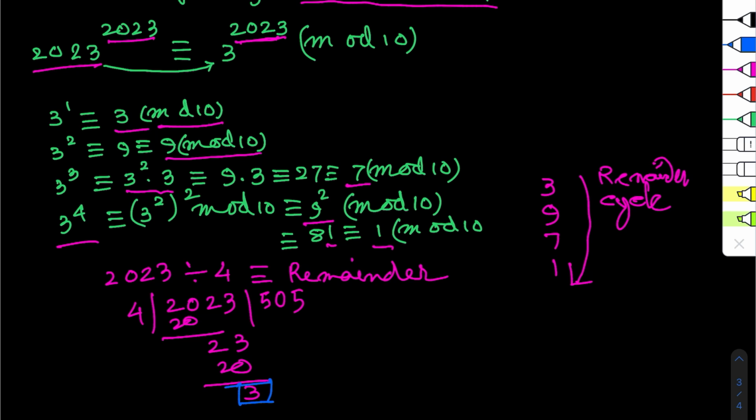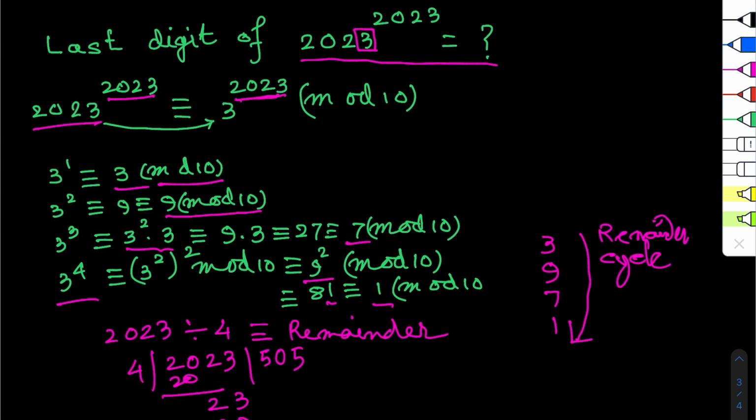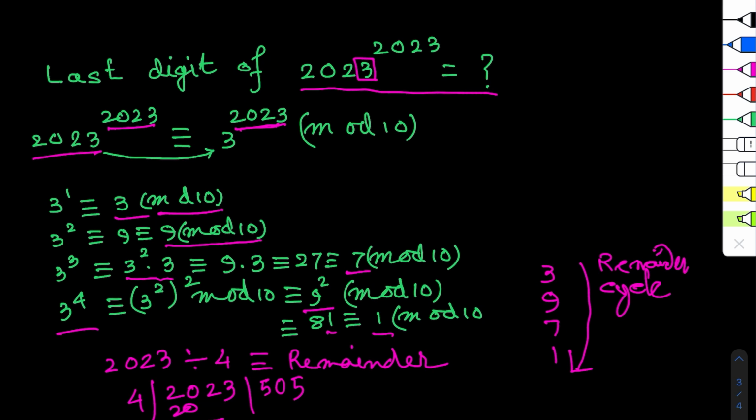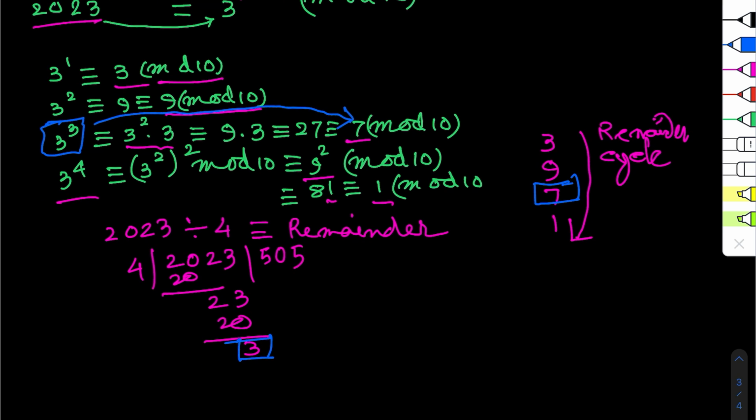So the position is 3: 2023 will take position 3 in the remainder cycle. For position 3, that is 3 to the power 3, the remainder is 7. So 7 will be the last digit of 3 to the power 2023.